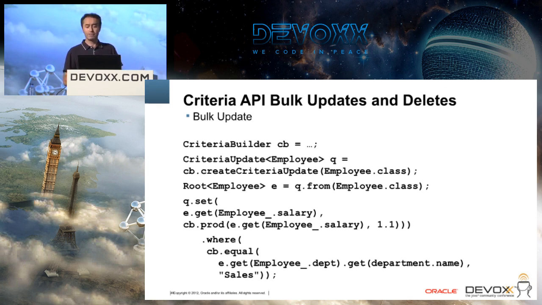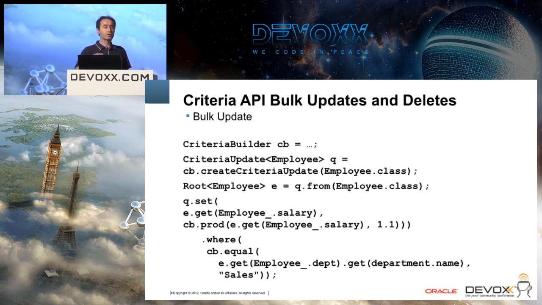If you notice on the third line of this sample, we have criteria builder dot create criteria update. So we're going to build a criteria update object that's going to let us do an update on employee. And then you see below here the syntax. We go and find the root object, which is employee. And we're going to set the employee salary to the product of the employee salary times 1.1, where the employee department's name is sales.